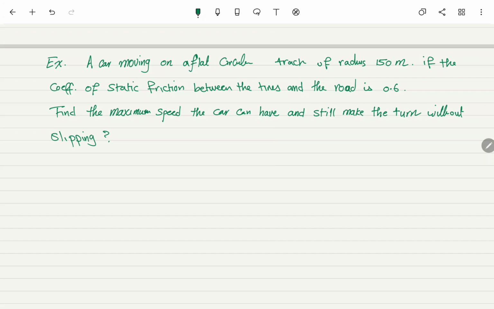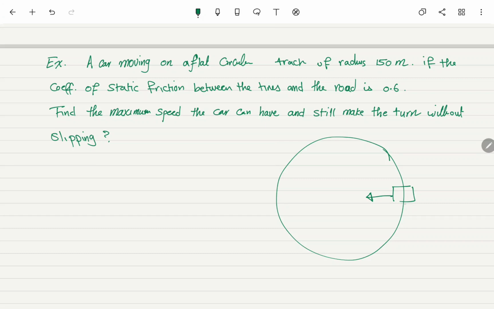Now, in this situation, if we draw the circular path, and this is the car, again we are interested in the static friction that makes the car complete the turn without any slipping, and we look for the maximum speed the car can have in the circular path.